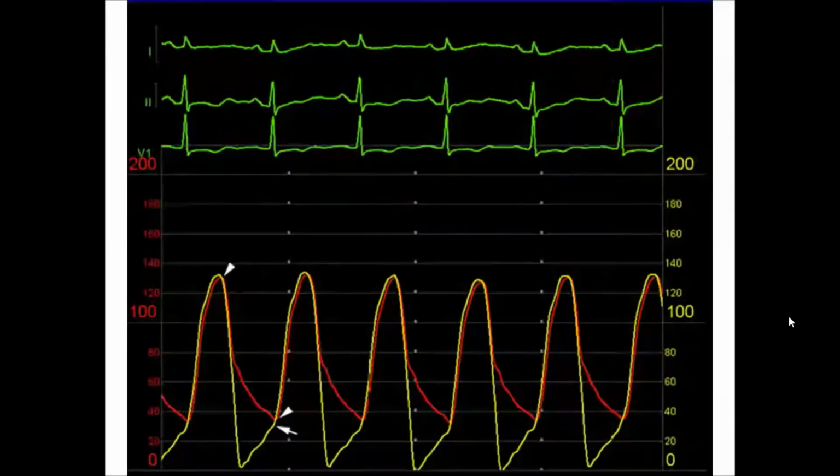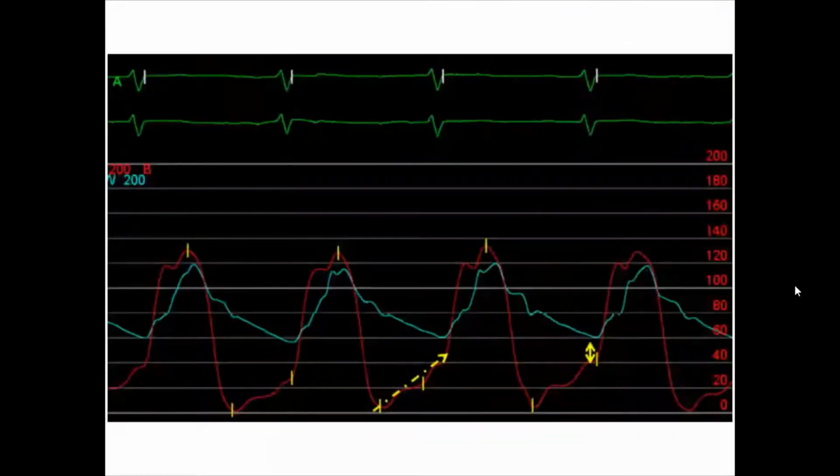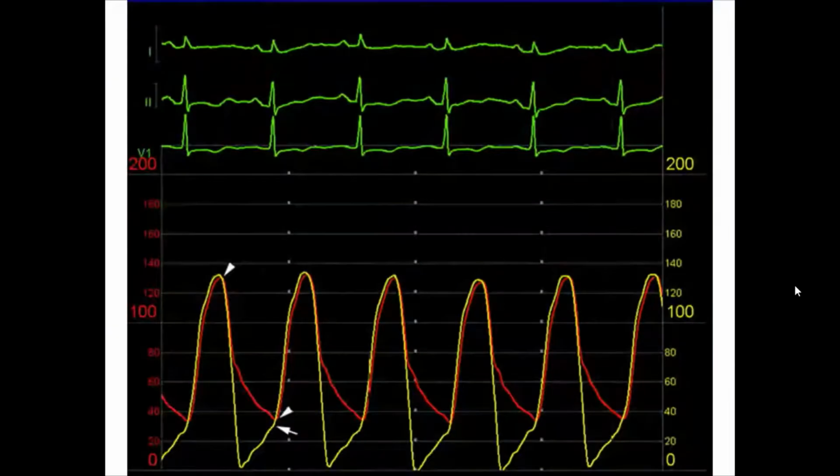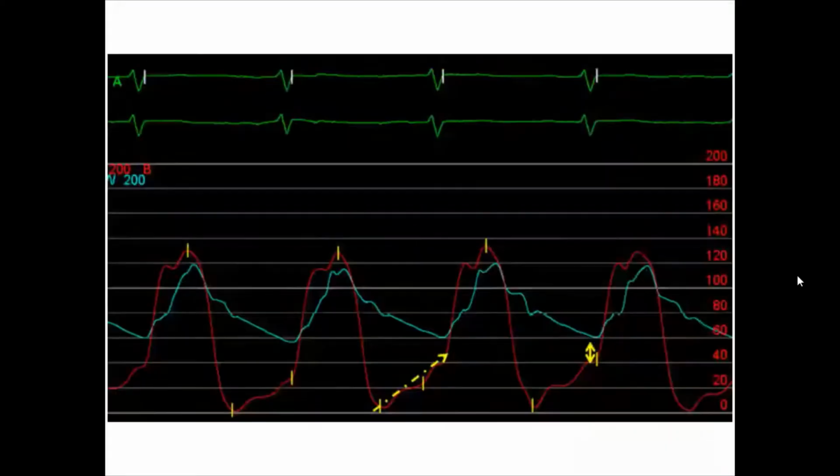There is high LVEDP, wide pulse pressure, narrow end diastolic left ventricular and aortic pressure, and a marked increase and rapid rise of aortic diastolic pressure. So just to differentiate between chronic and acute AI, this is acute and this is chronic. Okay?